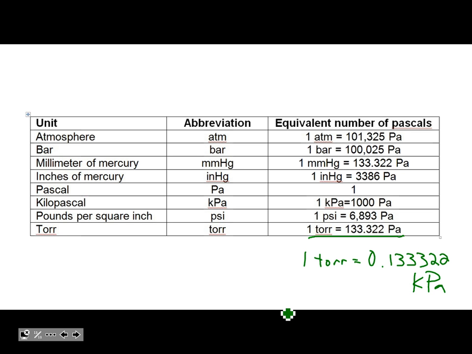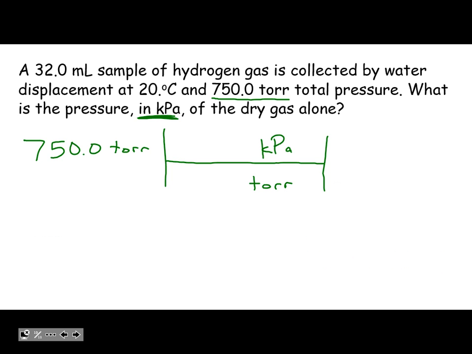So if I do my conversion factors back here, I say, okay, 1 torr is equal to 0.133322 kilopascals. So my torrs cancel, and I'm going to get my label in kilopascals, and I need 4 significant figures.